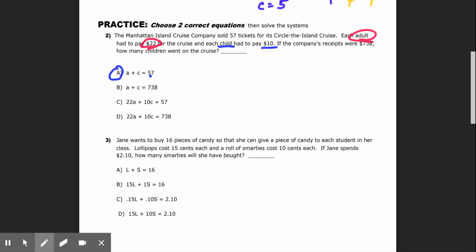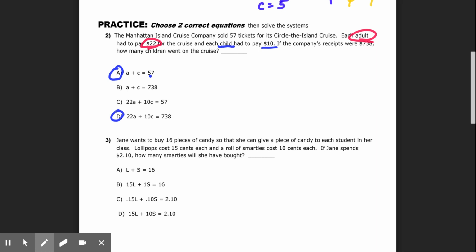So we have A plus C equals 57. And then each adult is 22, so that'll be 22A plus each child, so that is $10, so that'll be plus 10C, gives you a total of $738. So we're going to use A and D.